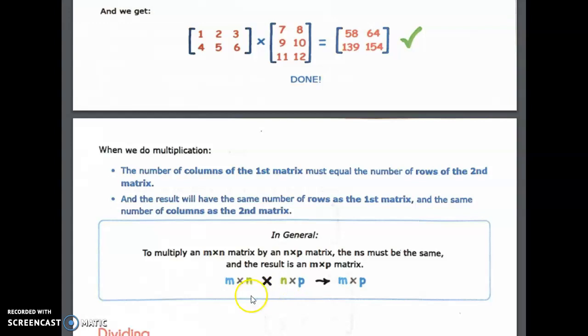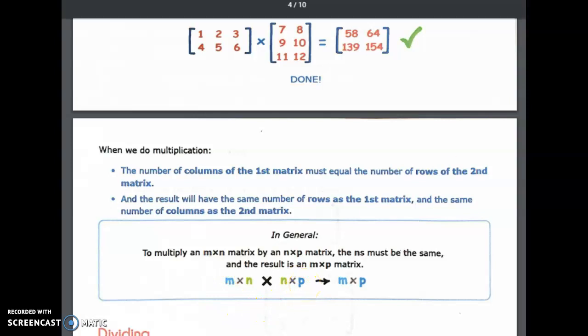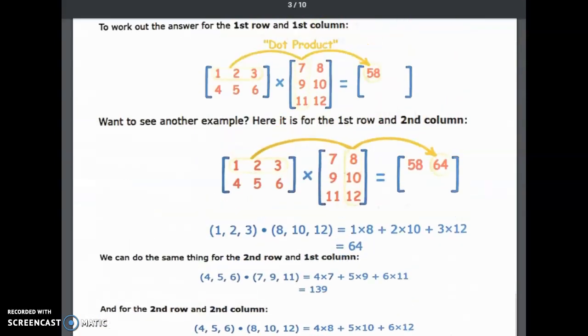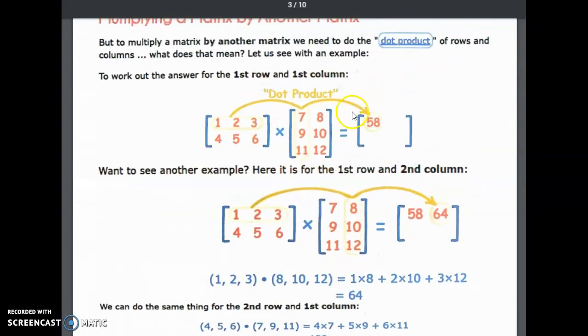And then additionally, the number of rows in the first and the number of columns in the second become your resulting or your product matrix. So these 2 inside numbers have to match, and these 2 outside numbers give you the dimensions of your product. So if we come up here, this is a 2 by 3 matrix, and this is a 3 by 2 matrix.